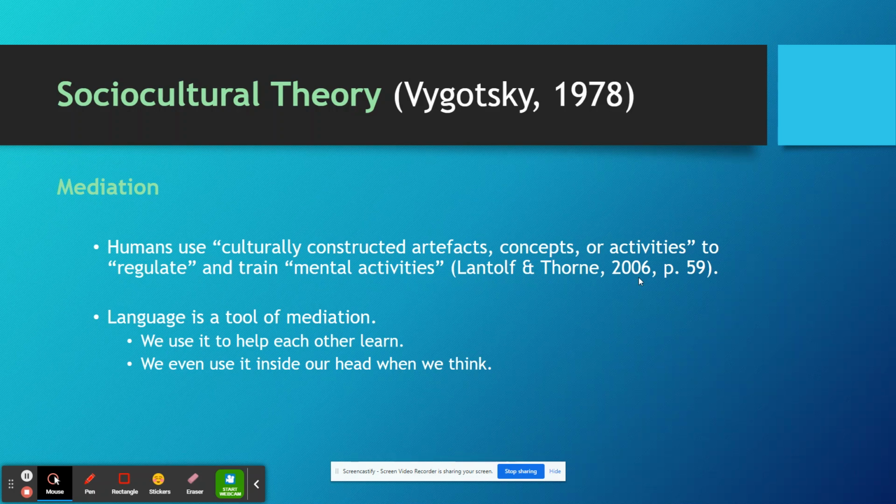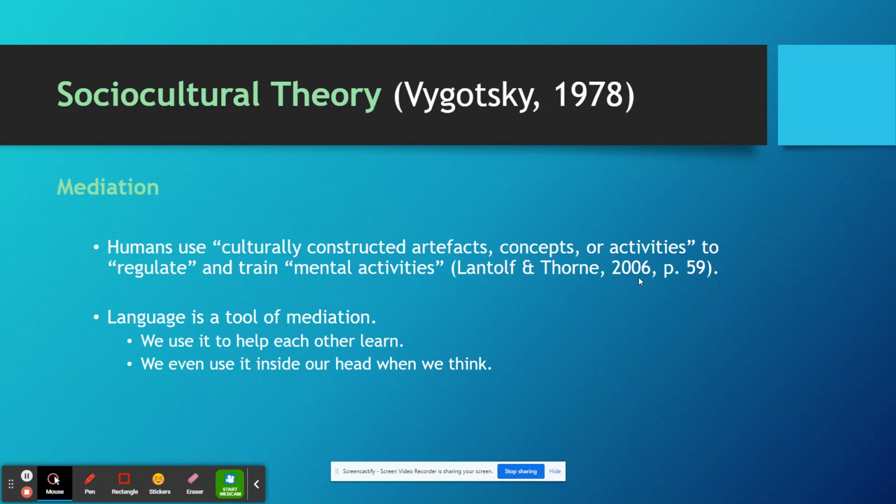So, in other words, when you're talking to yourself, whether it's out loud or even if it's inside your head, you're thinking something through, you're using language to mediate your cognition. And the language is something that you and your culture created collectively. So, according to Vygotsky, our language is a tool of mediation.